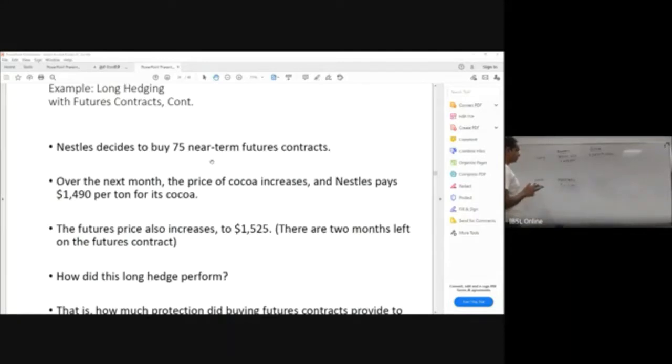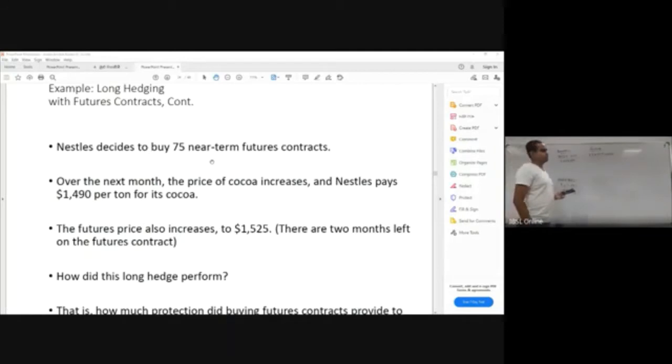So they will lose effectively 67,500. They will make a 67,500 loss due to the price increase.